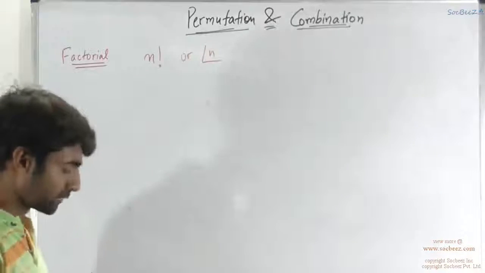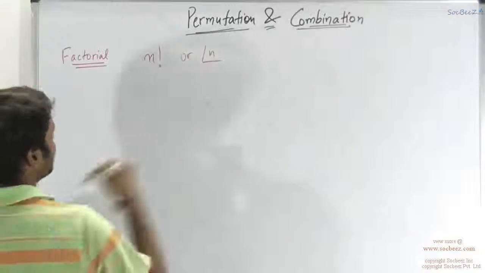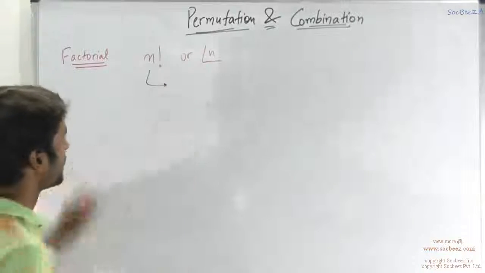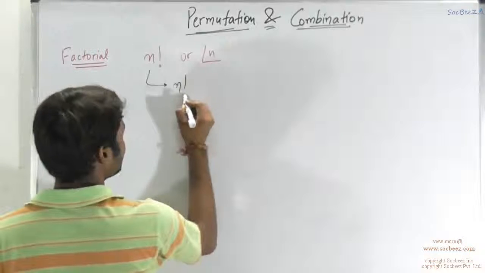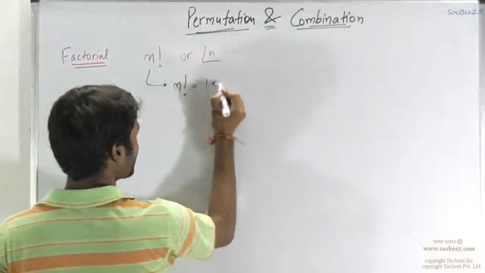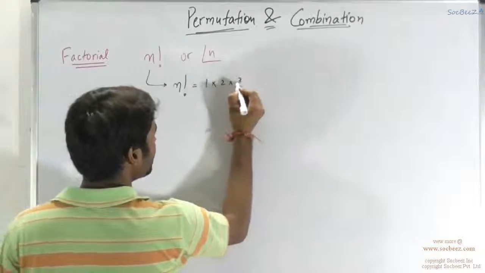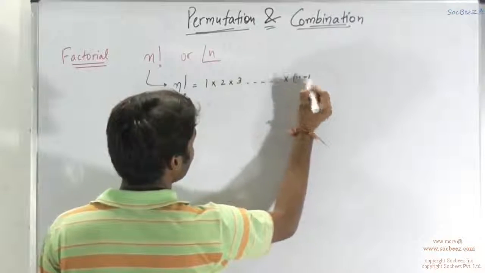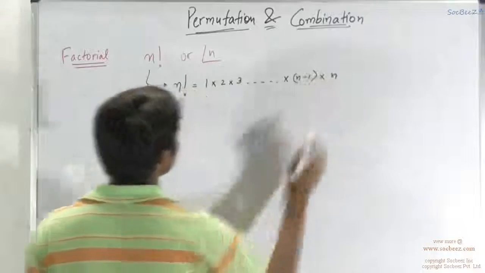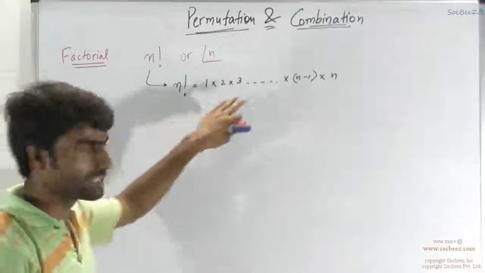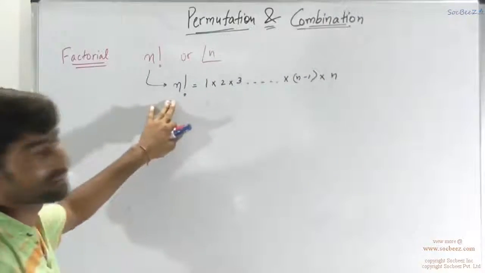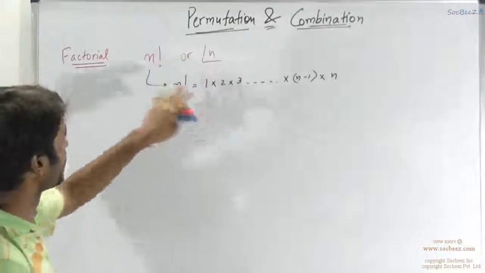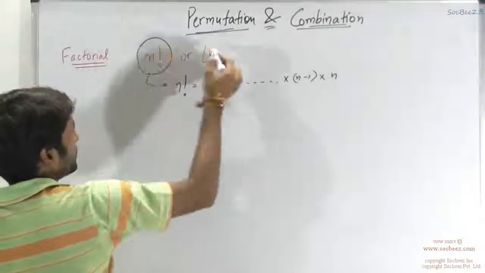Factorial means the multiplication of all natural numbers up to n. That is, n factorial is equal to 1 into 2 into 3, continuing till n minus 1 into n. That is, the multiplication of the first n natural numbers is denoted by n factorial. This is the basic definition of factorial, and these are the two notations.